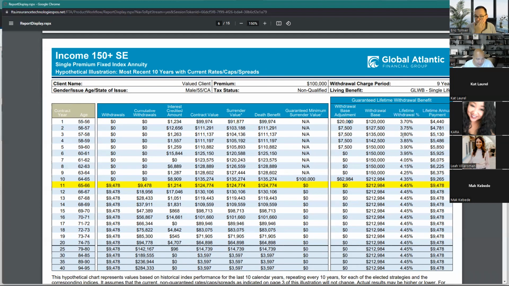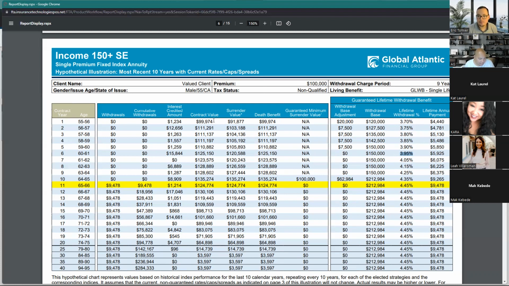This is the income rate or withdrawal rate. It goes up from 3.7 at 55, 3.8 at 57, goes up to 3.95 at 60, right? It'll keep on going higher as this client goes up. And this is how they're gonna have their lifetime income.